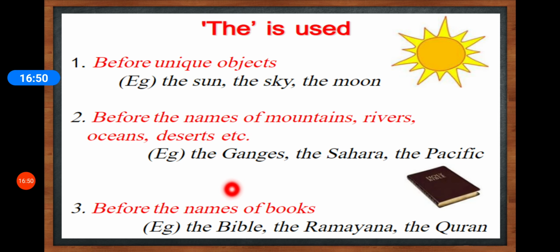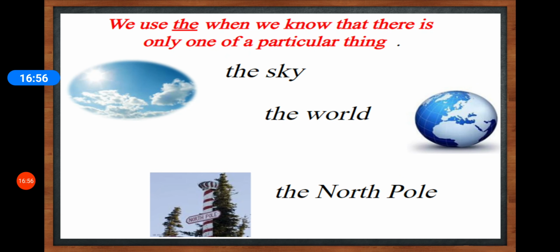And before the names of books, the Bible, the Ramayana and the Quran. We use the when we know that there is only one of a particular thing: the sky, the world, the North Pole.